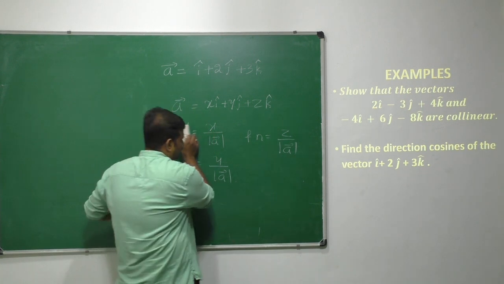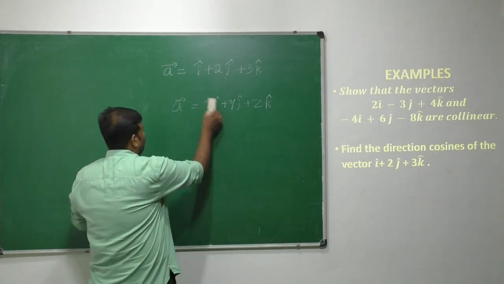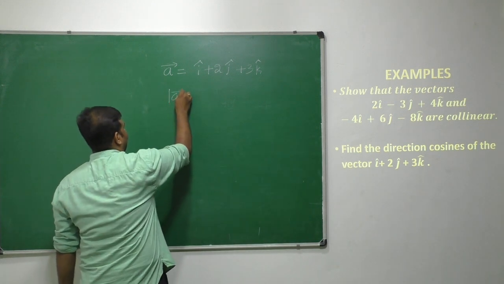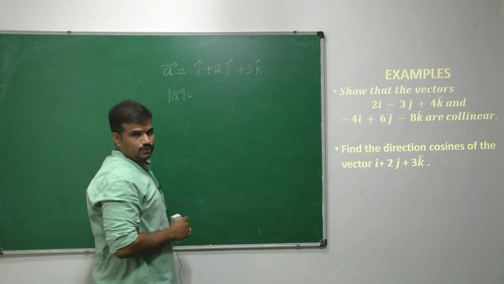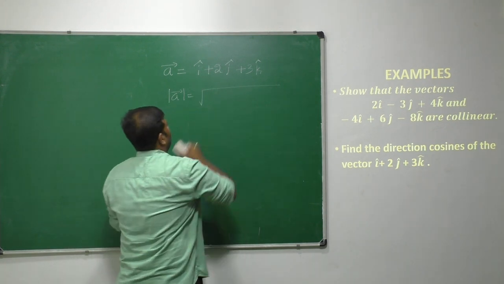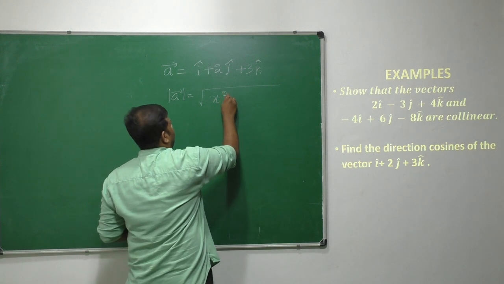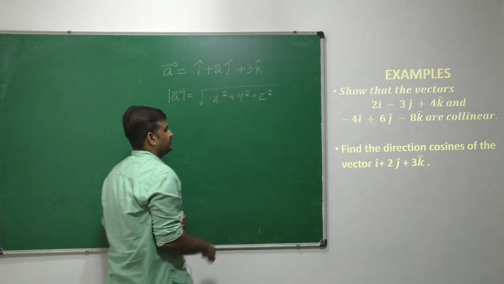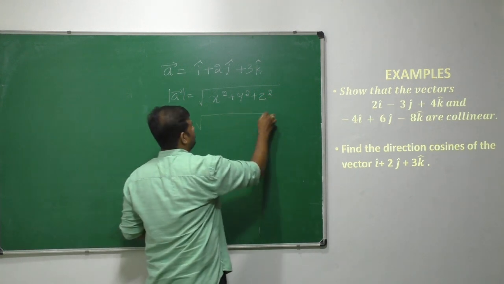So let us first find out the magnitude of the given vector. What is the magnitude of this? The magnitude of vector A is equal to square root of x square plus y square plus z square. That is equal to root of, what is x square?